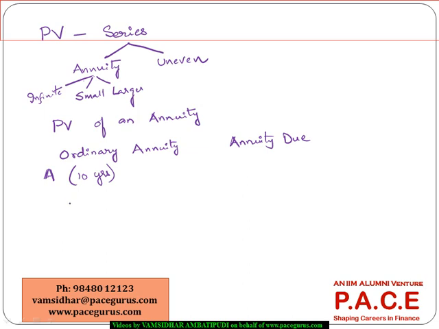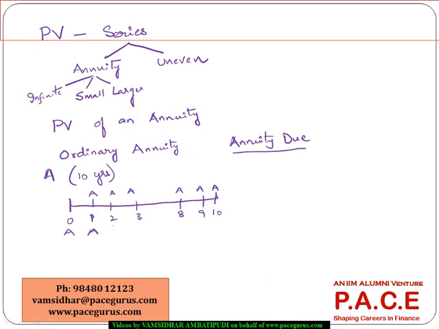So when I go with the timeline, saying this is 1, 2, 3, 8, 9, 10. Now in case of ordinary annuity, the payments of A are going to come something like this. At the end of 1 year, at the end of 2 years, at the end of 3 years. But if the same is an annuity due, the first payment is going to be right now.